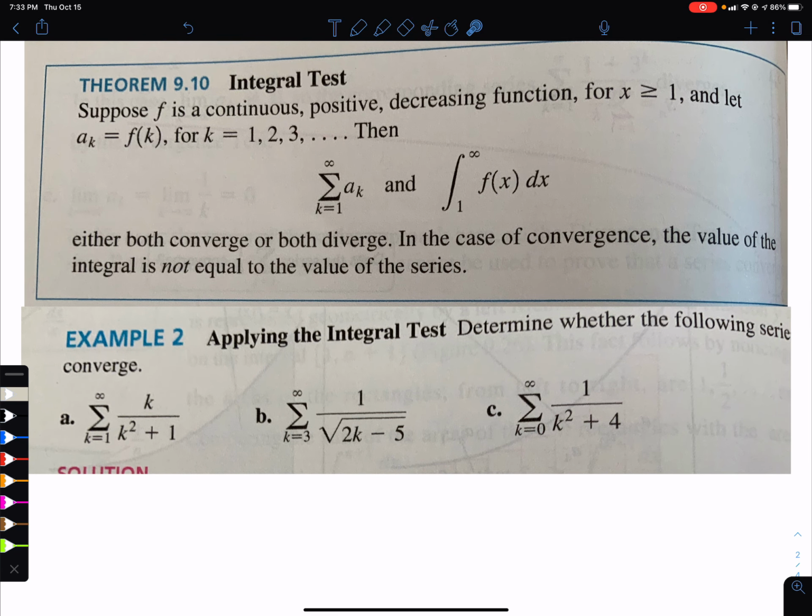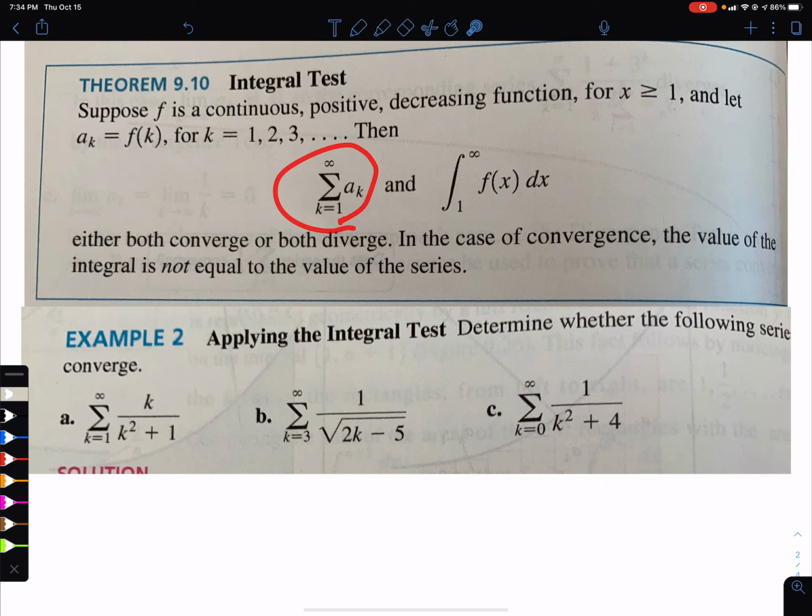Integral test. The function must be continuous, positive, and decreasing to apply the integral test. So that's what we're doing here. And here's what it says. Suppose I have this series, and I want to know if it converges or diverges.